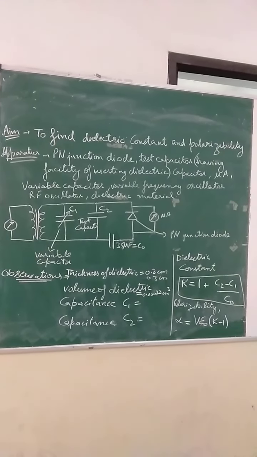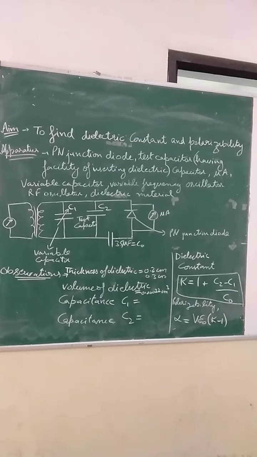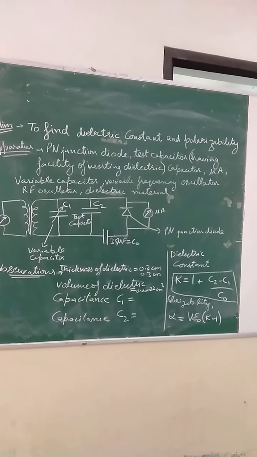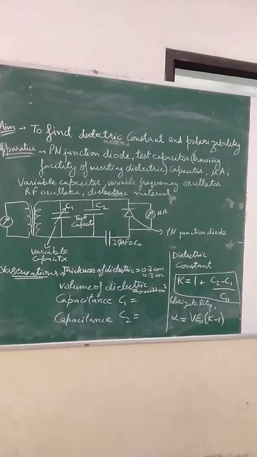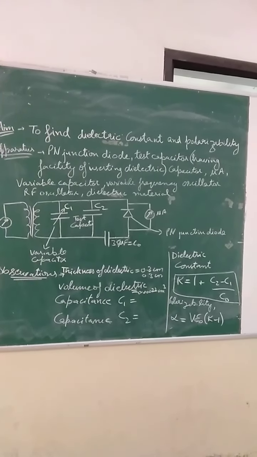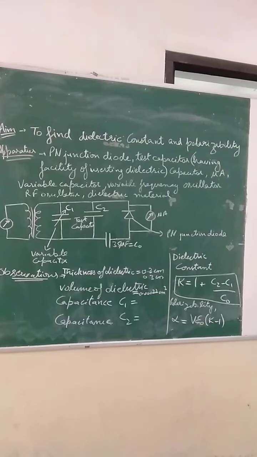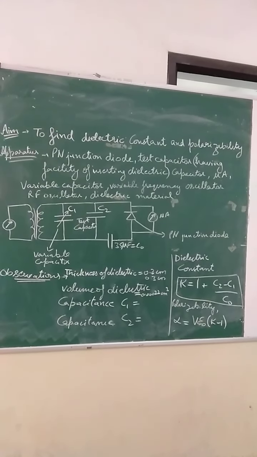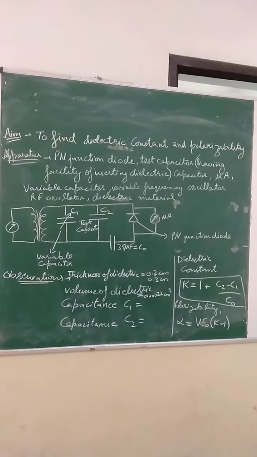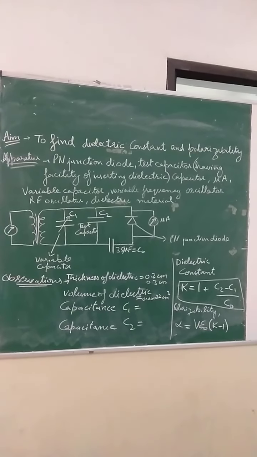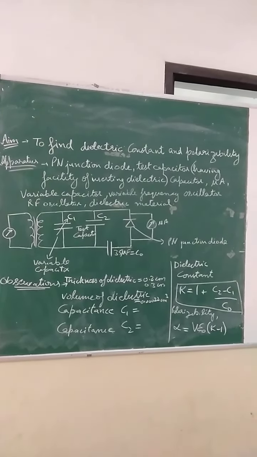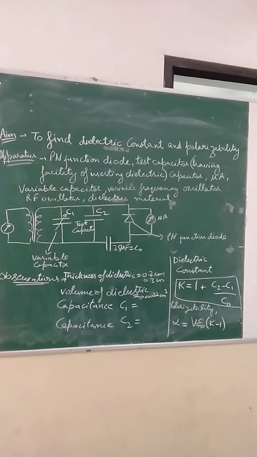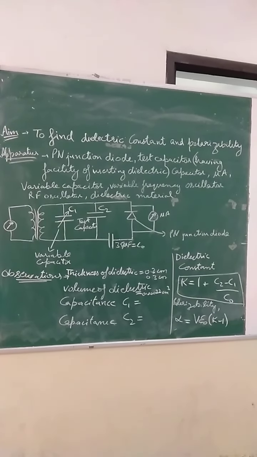So dielectric material is going to be inserted in this PN junction diode with the help of capacitor C0 having value 35 microfarad. The microammeter will show the deflection and show at which point the current is the maximum. For this purpose I am having dielectric slabs which have thickness of 0.2 and 0.3 centimeter, that I will show you in the circuit.